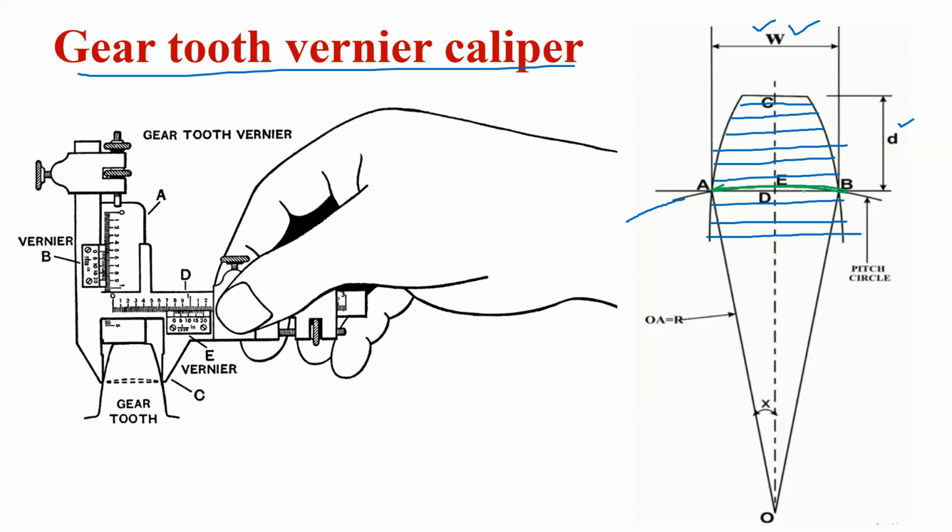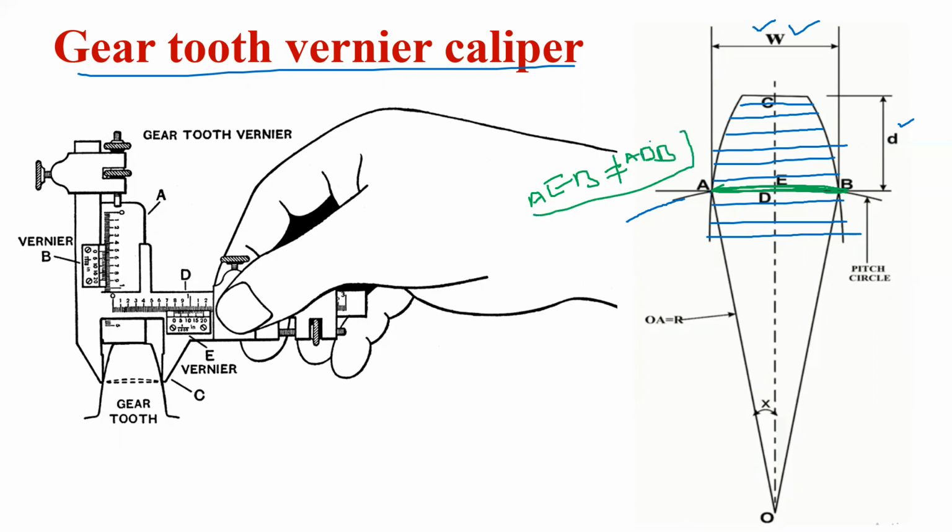So that's why we need to measure the chord length ADB. There is a small variation between this chord length and the arc length AEB. So arc length AEB is not equal to chord length ADB.